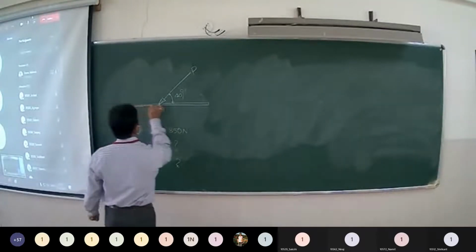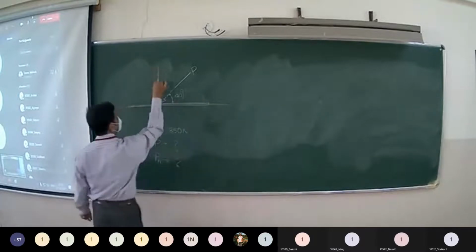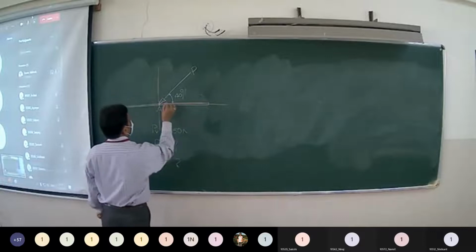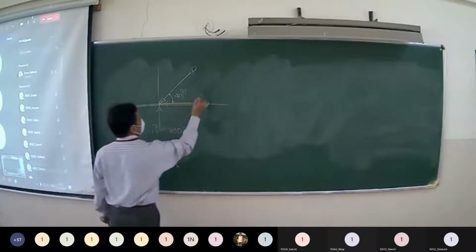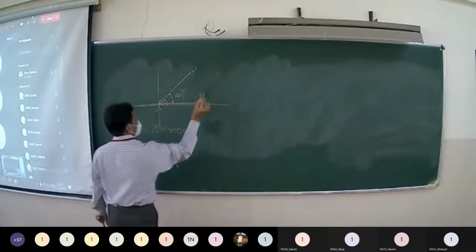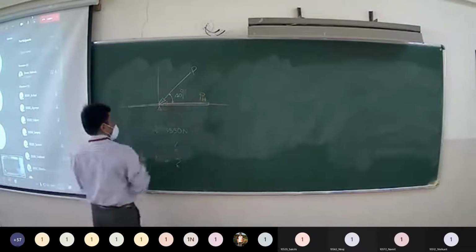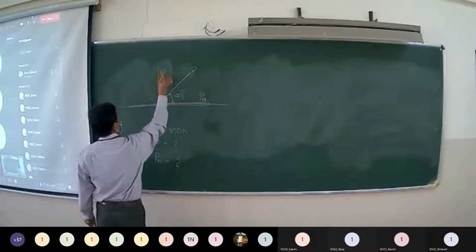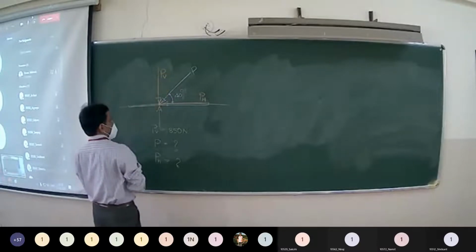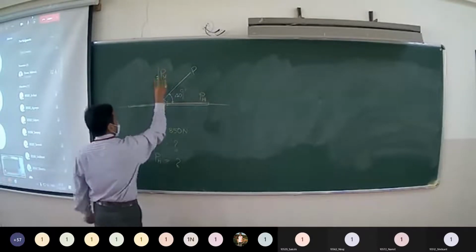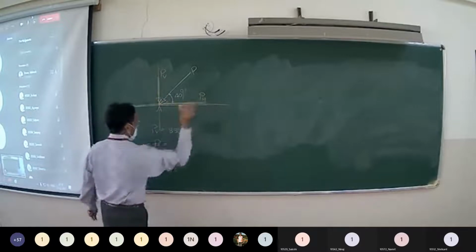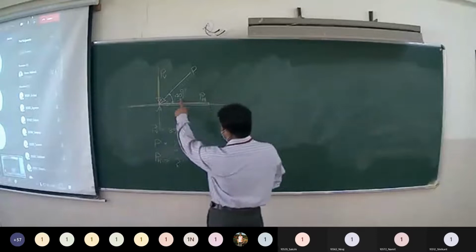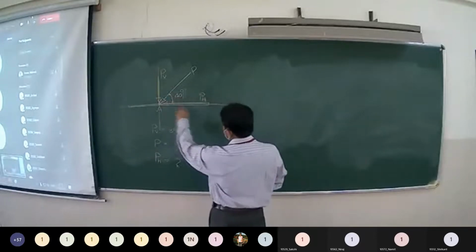So I am taking this as the horizontal and vertical direction. The component along the horizontal axis I am calling PH, which is acting towards left. And the vertical component is PV, which is acting downwards. Here P is making an angle of 40 with PH.